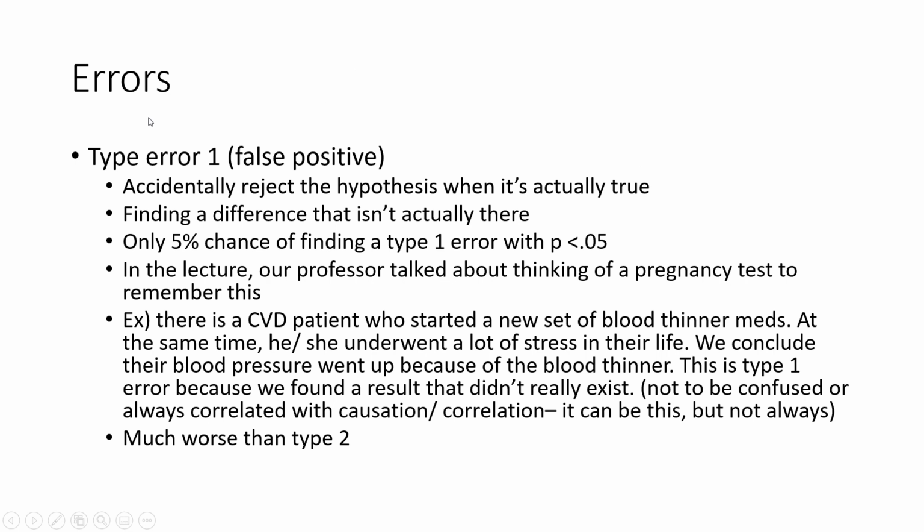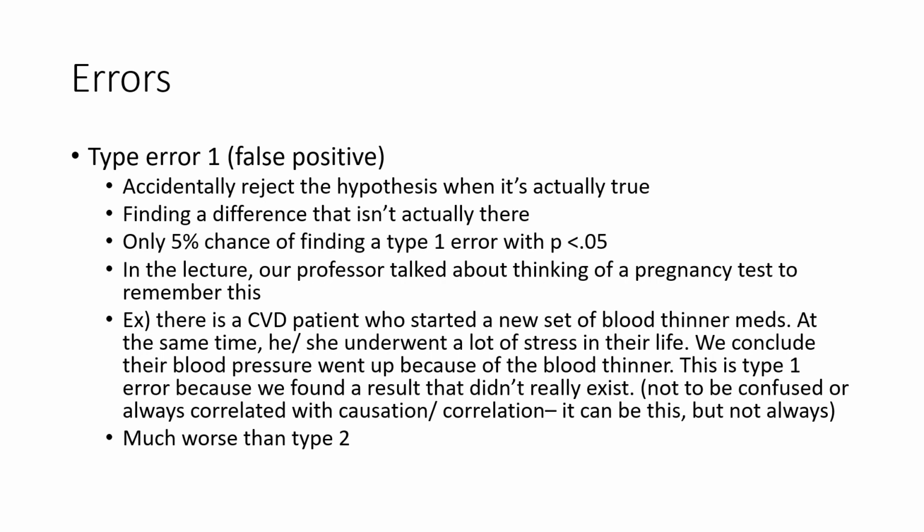Okay, now moving into errors. I'm going to do a briefer treatment than I expected because of time. Type 1 error is a false positive. Something really great that she mentioned in the lecture was thinking of a pregnancy test for both errors. A false positive is when the test comes back saying you're pregnant, but you're not actually pregnant.